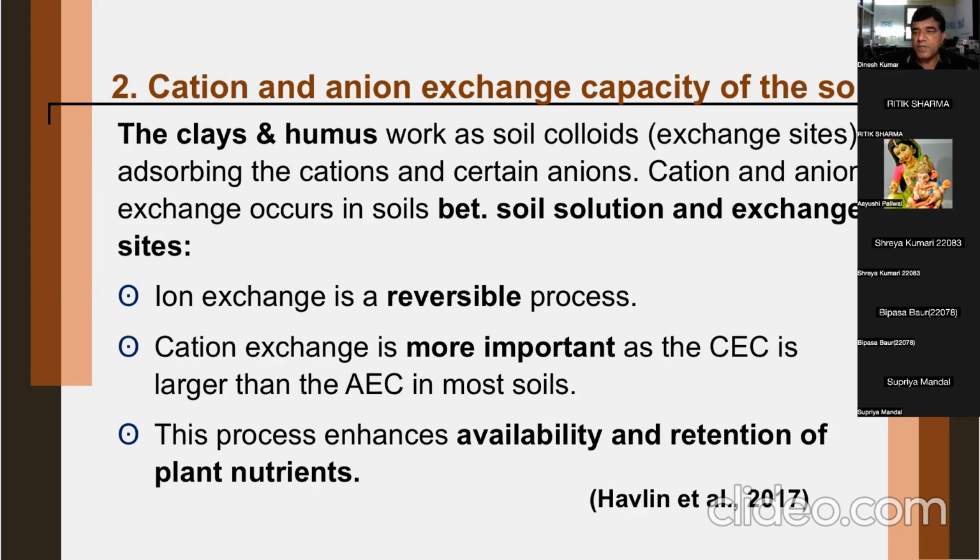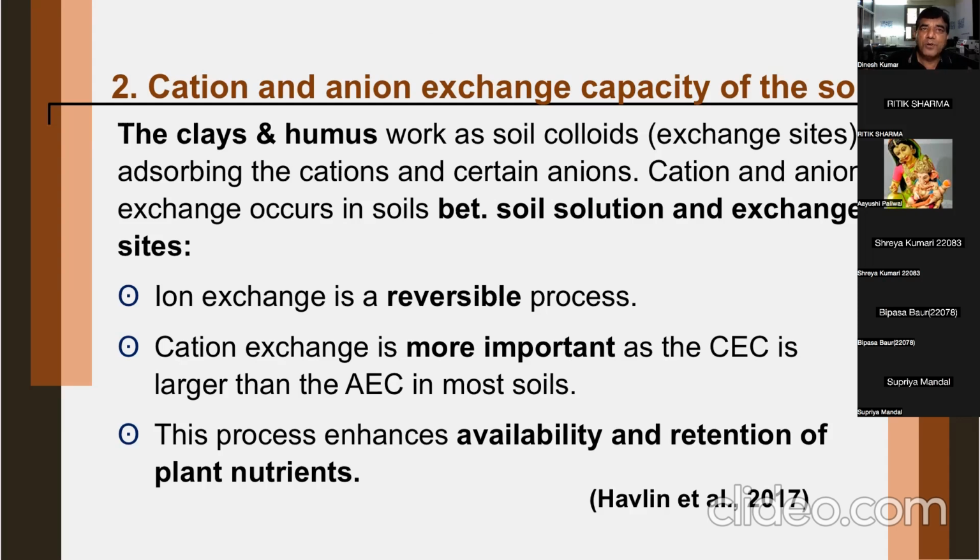Ion exchange is a reversible process. Reversible means the ions can be transported from exchangeable sites to the soil solution, and they can go back also. They need to be in equilibrium. Whenever there is a shortage of ions in the soil solution, they may come from the exchangeable sites to the solution.